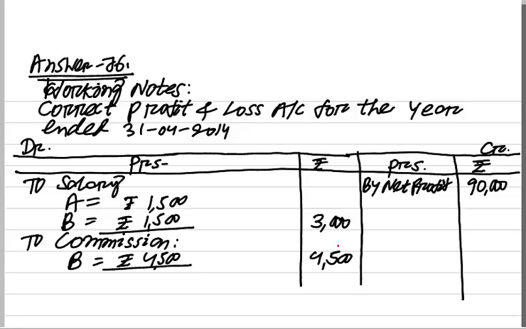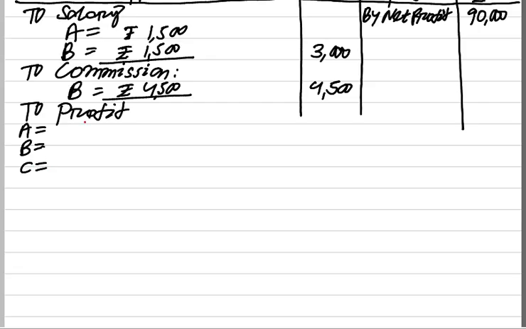And then the last part is the profit, which is to be transferred to A, B, C. First find out the profit and then distribute.